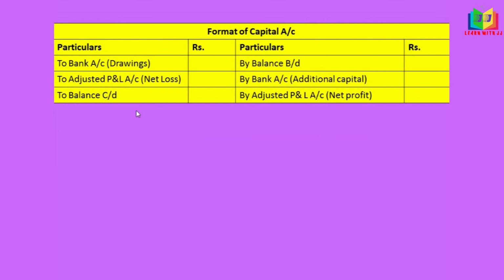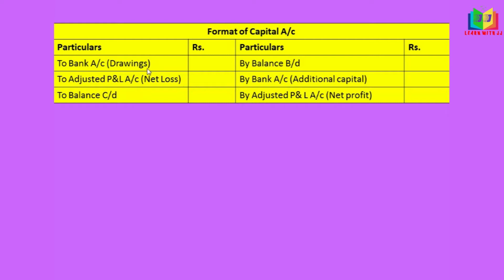Now we'll see the format of the capital account, because this format plays an important role in the sole proprietor and partnership firm. We write the opening balance of the capital on the credit side and the closing balance on the debit side, and we write the net profit on the credit side of the capital account. The balancing figure on the debit side is drawings.